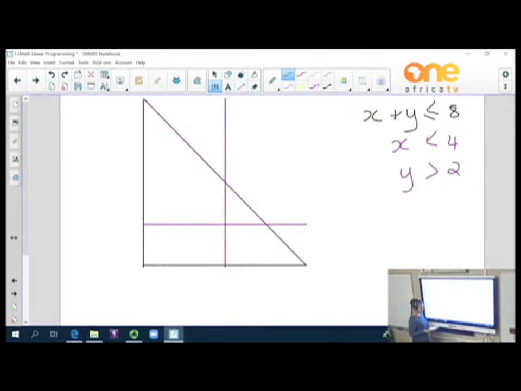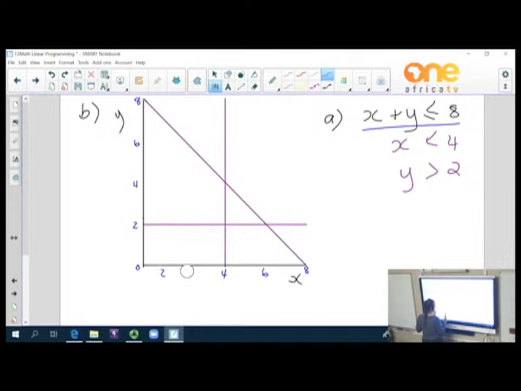So for number B, you can draw your graph. That one was number A. I've got bitches on this side, dogs on this side. So let us look at our graph. x plus y is less than or equal to 8. So here is my 8. I've got 2, 4, 6, 8.